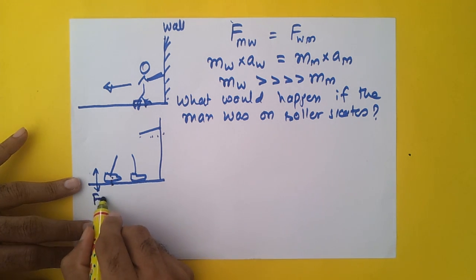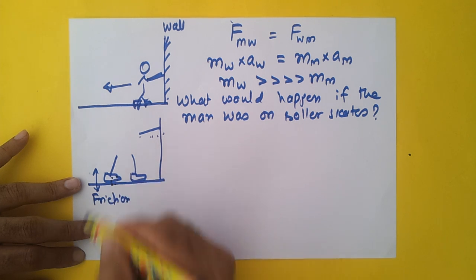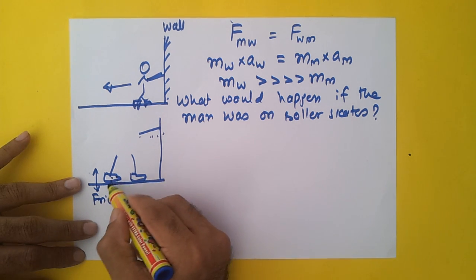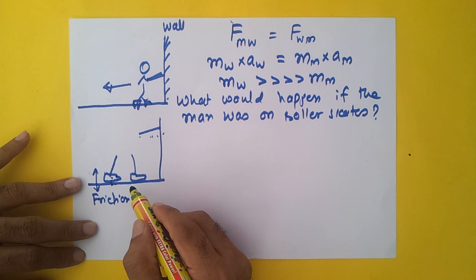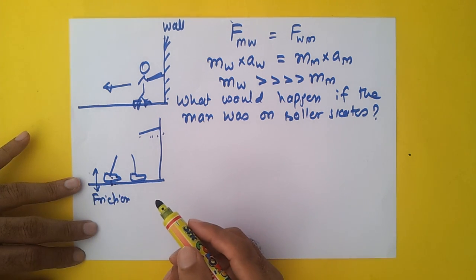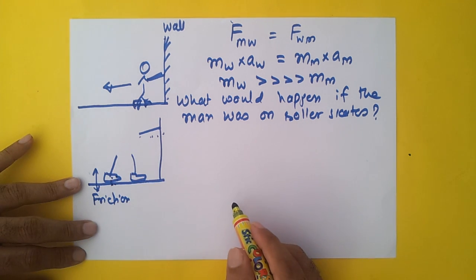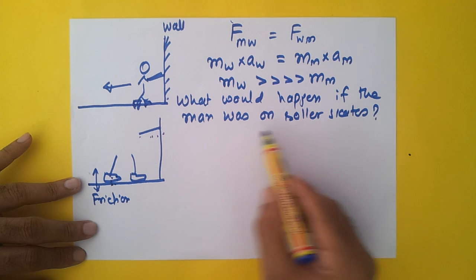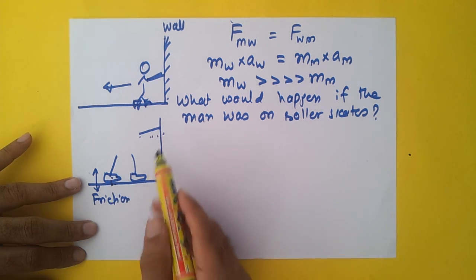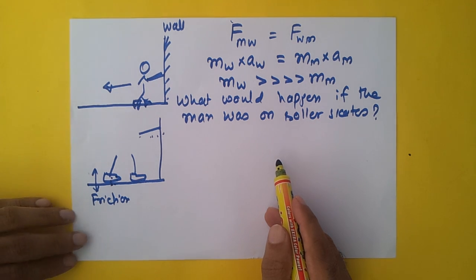And that is because of friction. So there is a frictional force existing between the foot and the ground, and this prevents the man from going back. The moment he is on roller skates, this particular force ceases to exist, or it decreases to a very large extent. And therefore you see the person going back. So if the man is on roller skates, the friction force decreases, and you see the man going off. So this is what is happening in this particular case.